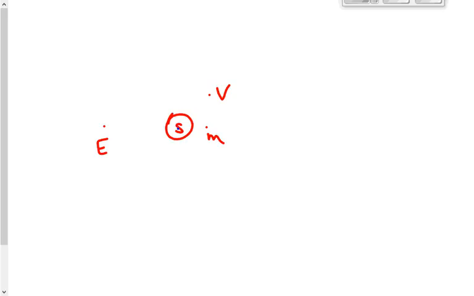So instead of the sun orbiting like this, where I'm turning on one spot, like I'm trying to turn around the spot in between my feet, what really happens is the sun is making a tiny little circle. But the center of that circle is really close to the center of the sun.